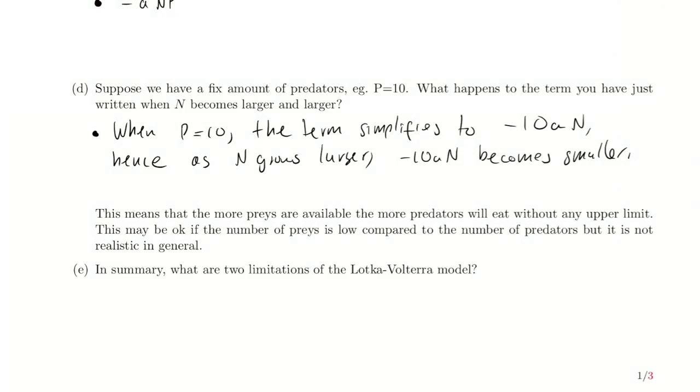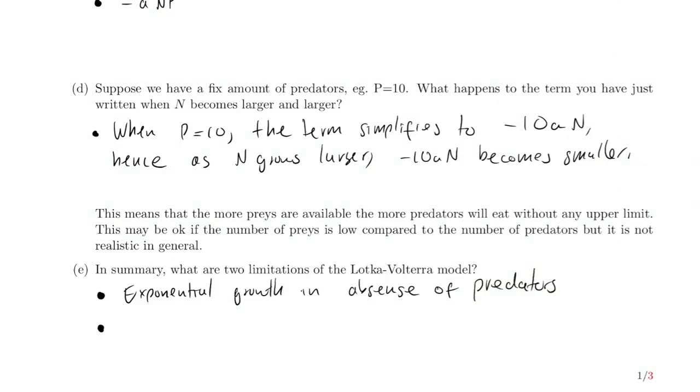Okay, how about part E? In summary, what are the two limitations? At least the limitations that we've discussed so far. The first was that the exponential growth is unrealistic. And what was the second one?